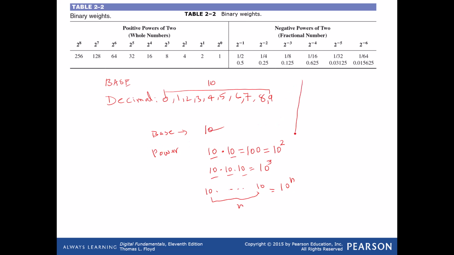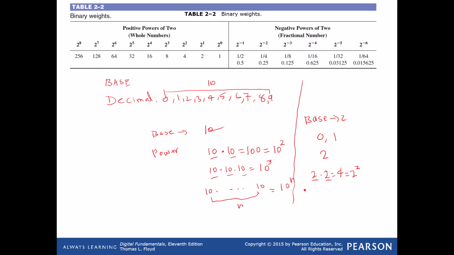We can do the same thing for the base 2, which is the binary. With the binary, how many digits do we have? We have just 2: 0 and 1. So in this case, the base is 2. When I multiply 2 times 2, I get 4, which is 2 to the 2, 2 multiplied by itself 2 times.